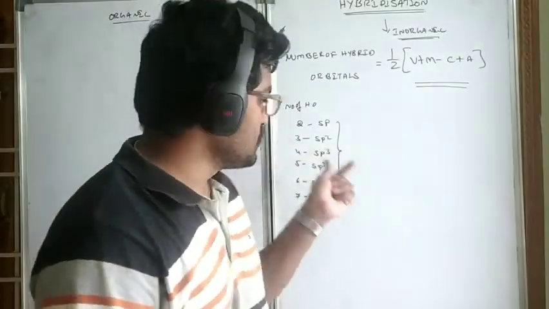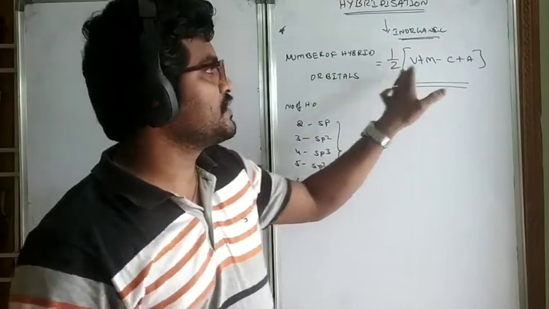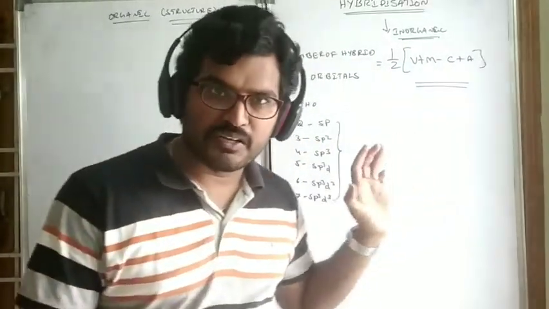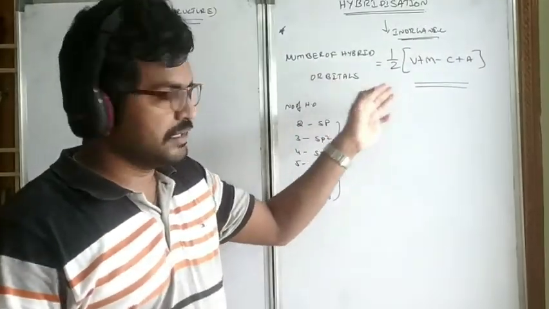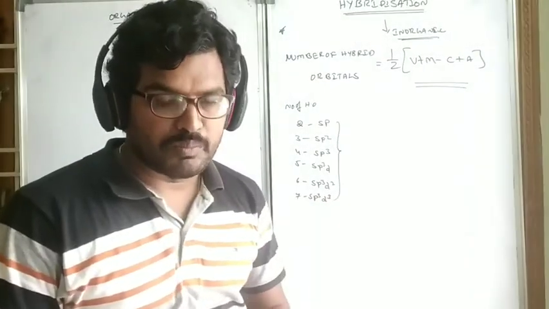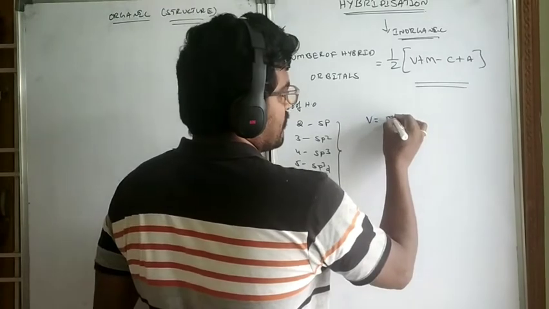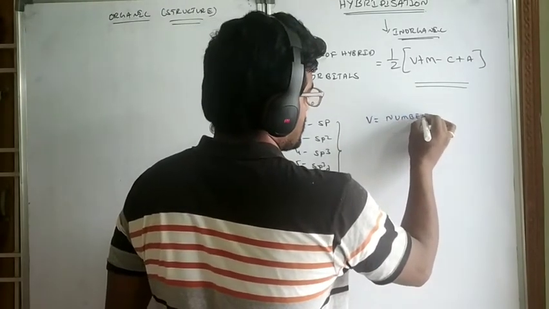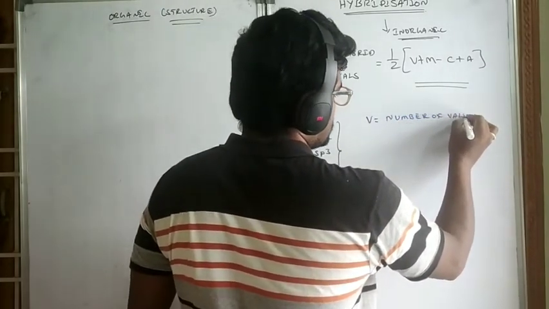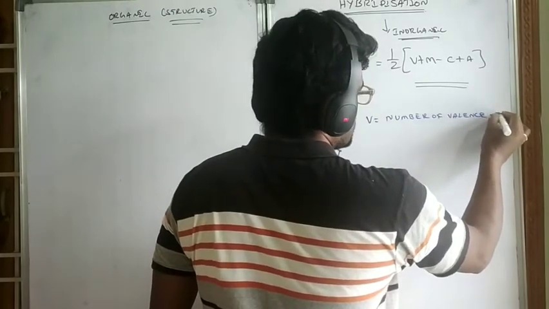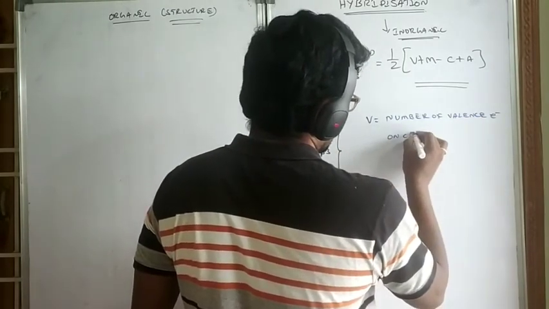Don't expect them to be inner orbital. Mostly, by using this formula, whatever hybridization we calculate will always be outer orbital complexes only. Let us see what V is. V is equal to the number of valence electrons on the central atom.